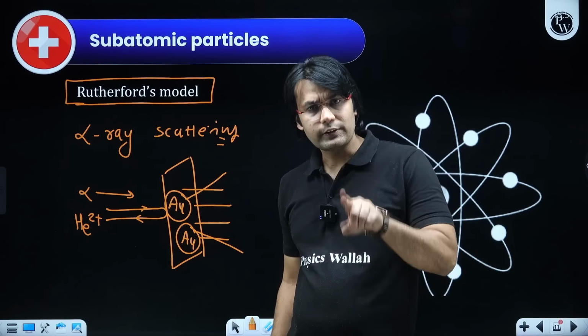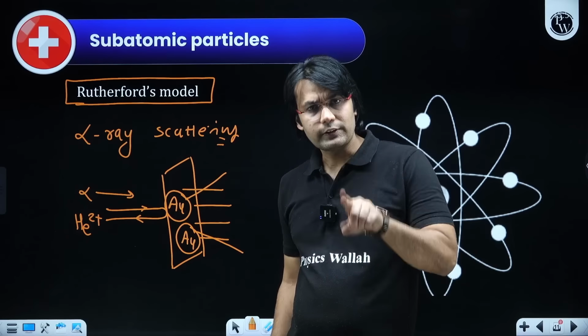So centripetal force in terms of electrostatic force can be written as k into charge of nucleus, which is Ze, into charge of electron, which is e, divided by the square of the distance. The distance between them we call radius, so r square. And the centrifugal force we can anytime write as mv square by r, right?